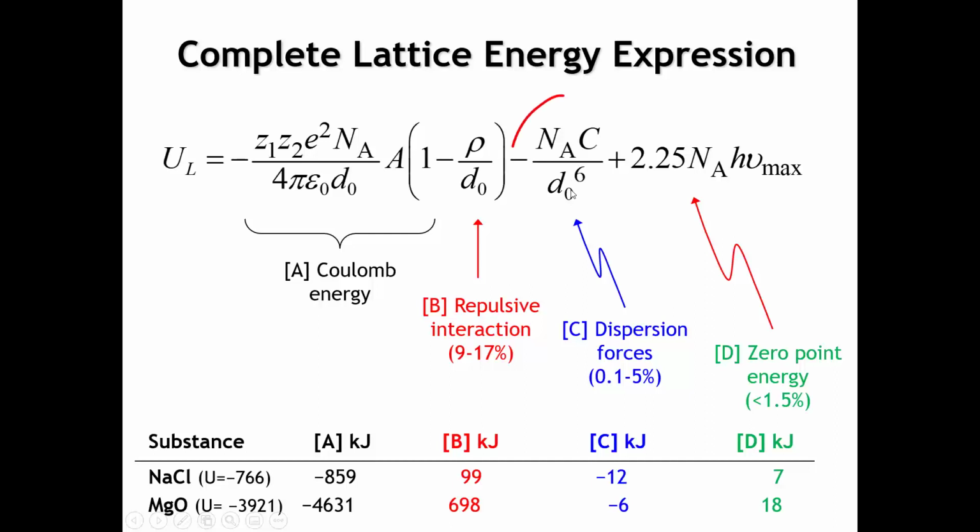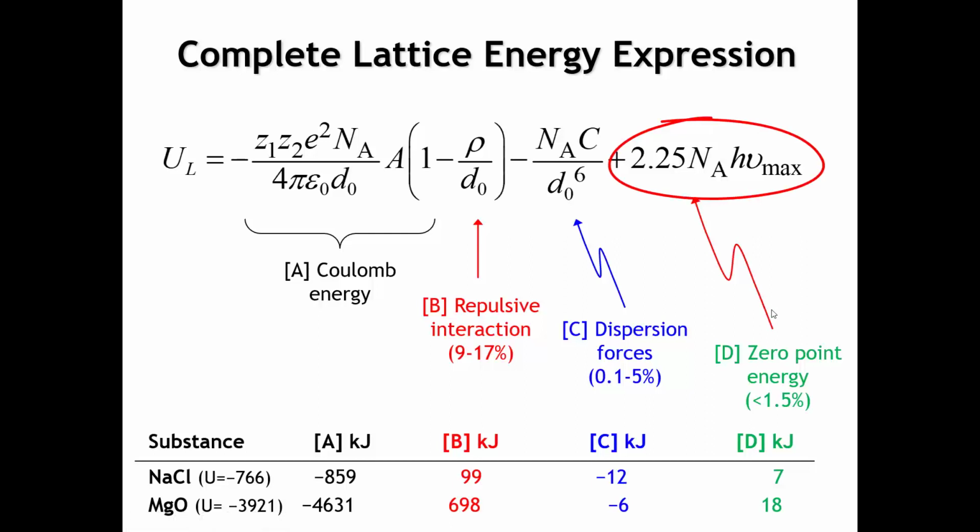We could, if we wanted to be even a little bit more accurate, add in a term here with a 1 over distance to the 6th dependence, right? That's going to be like your van der Waals forces or your dispersion forces between ions. And that makes the lattice energy more negative, more stable, by, let's say, 1 to 5%. And then we have one final term, which is the zero-point energy.